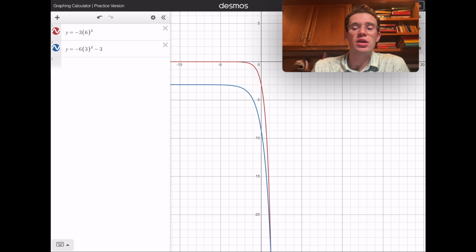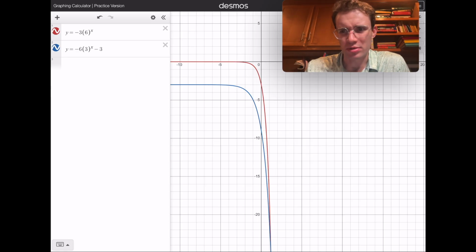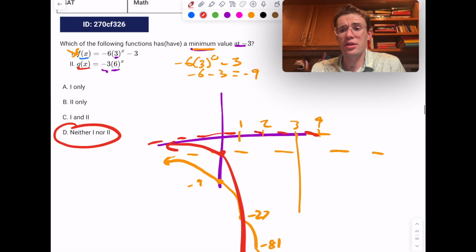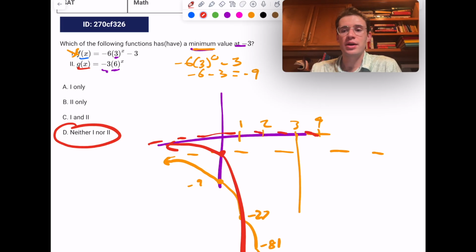But neither of them has a minimum value. Neither of them has a minimum value of 3 for sure. And definitely neither of them has a minimum value of negative 3. So it's neither of those. That'd be D. Again, hopefully you can do that without using Desmos. That would show a conceptual understanding of exponential functions, how to graph them from just looking at it.